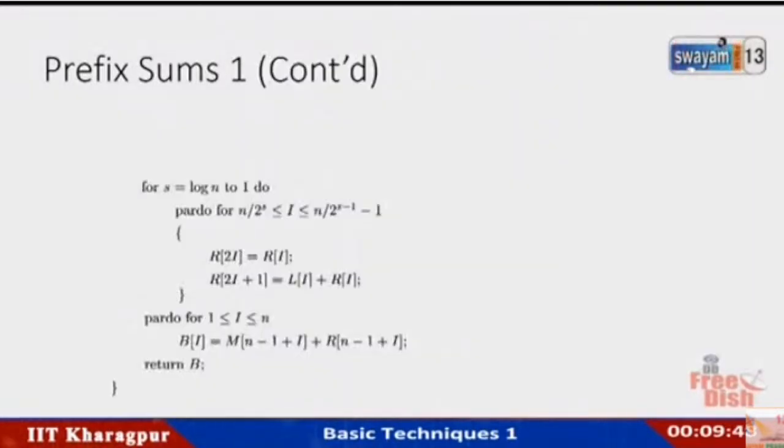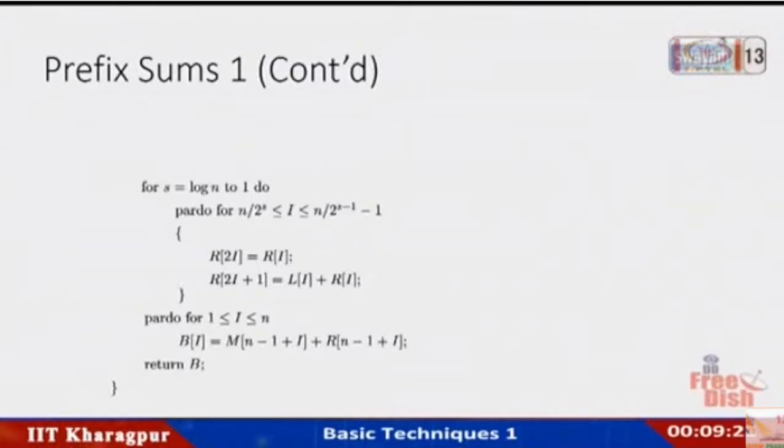Then we start a top to bottom phase. In the top to bottom phase, we have again log n steps, and what each node does is this: the value it received from the top, namely Ri, will be sent to the left child without any change, and the value it received from the top added to its left value, that is the value which it received from the left child, will be sent on to the right child. So R2i+1 will be set to Li plus Ri.